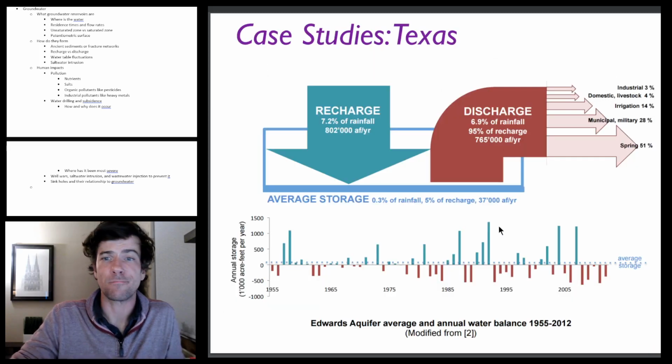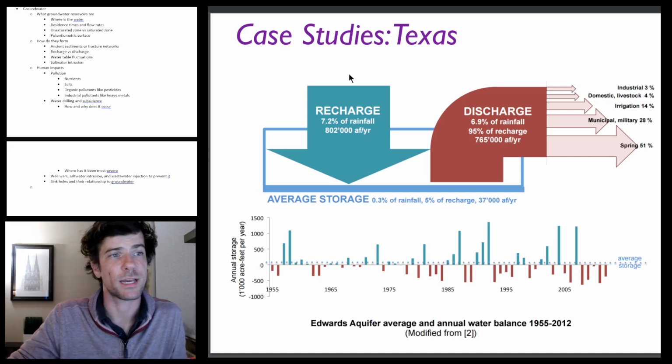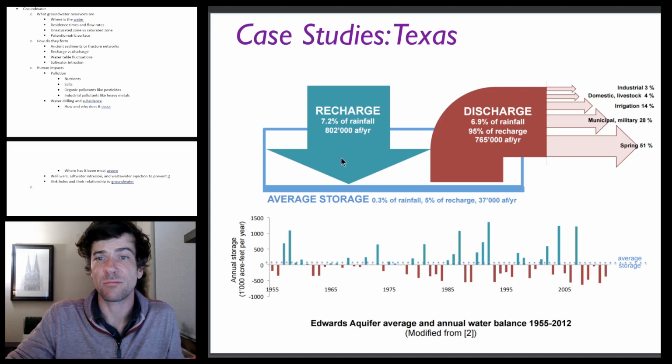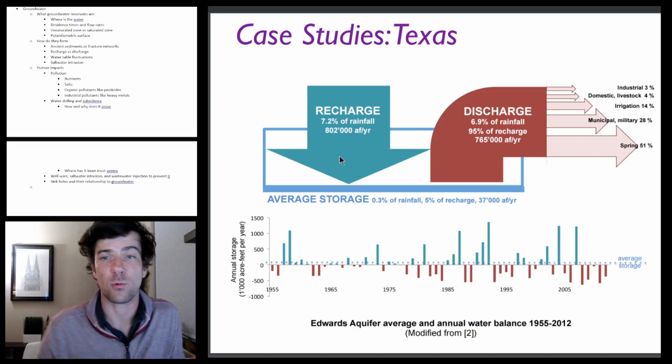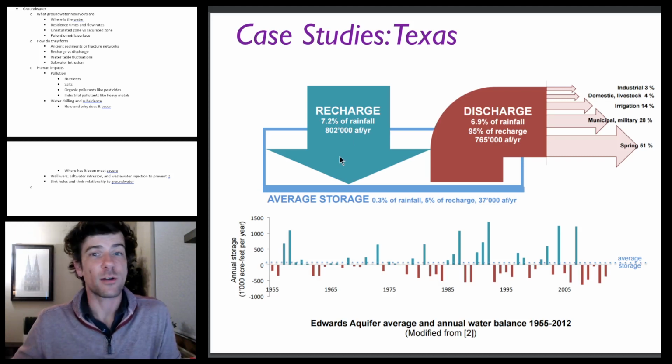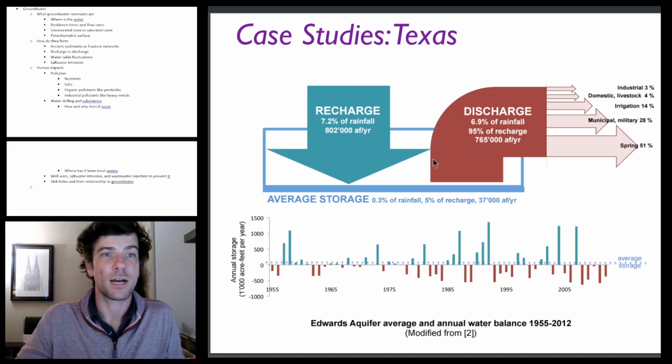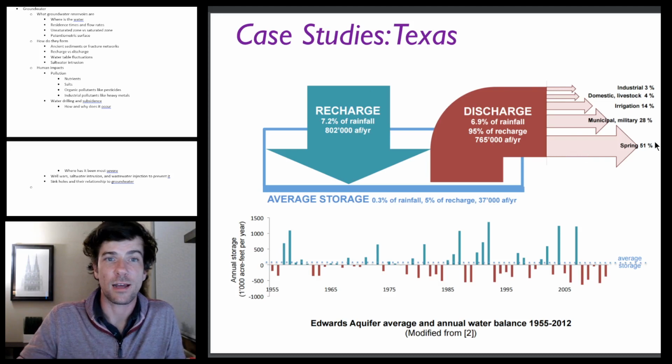In any case, groundwater takes a long time to flow. Like I said, it's recharged by rain primarily. We have engineered systems to recharge groundwater reservoirs, but in general, naturally, it's recharged by rain, and there's some amount of discharge. A lot of it naturally would be springs, but we tap into this and use it for a variety of purposes. You could talk about a whole bunch of different case studies with respect to this.